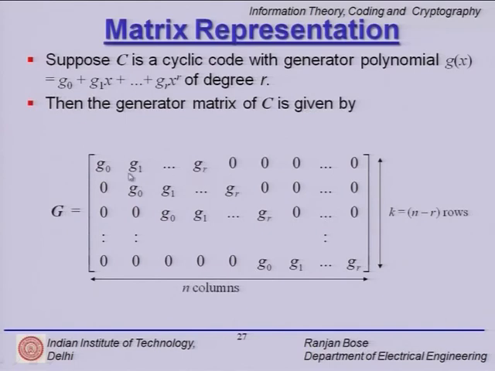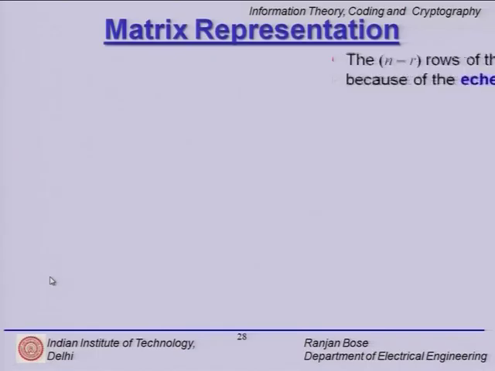So, we have the first row as a valid code word, the second one is one cyclic shift, the third one is another cyclic shift, up to k cyclic shifts, and that constitutes my entire generator matrix.